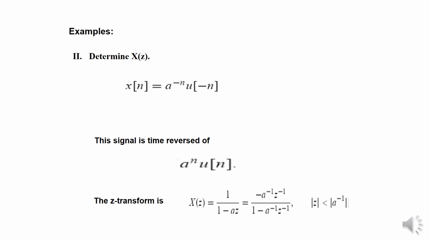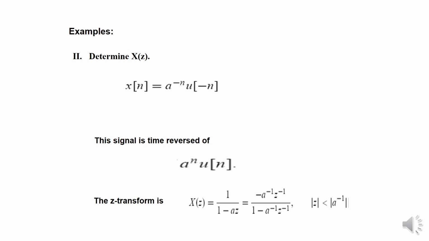According to the previous property that we have seen, when we time reverse, in X(z) you have to replace z by 1 over z. So if we are finding the z transform of a^-n u[-n] using the z transform of a^n u[n], you have to replace z by 1 over z.